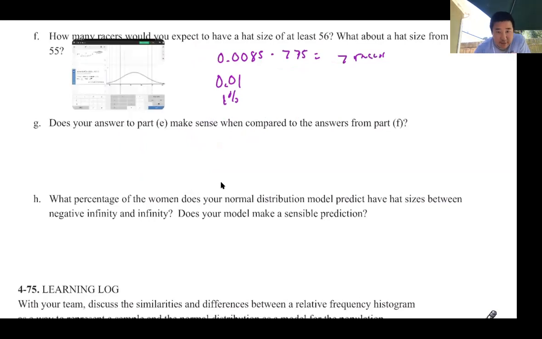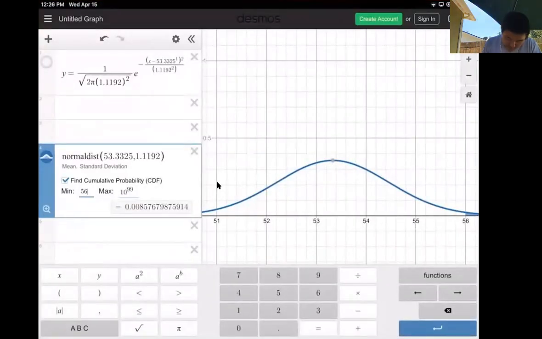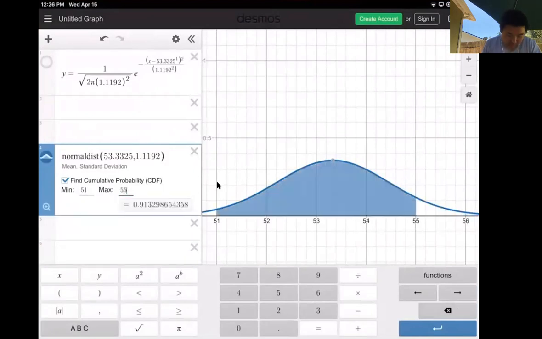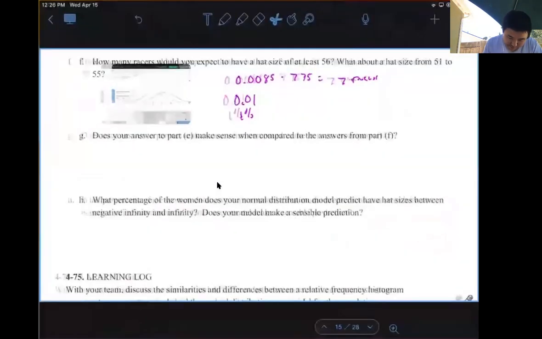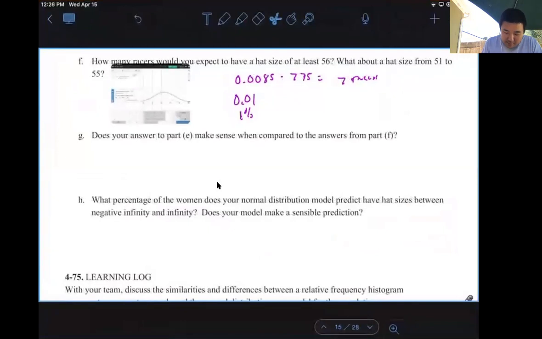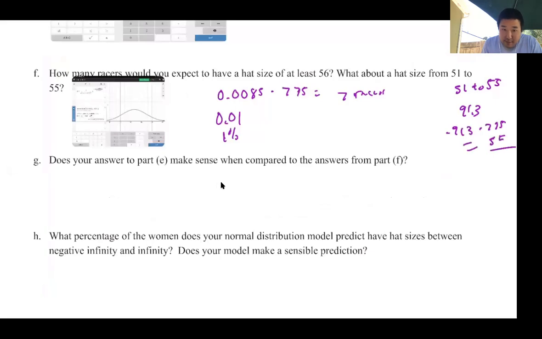What about hat size 51 to 55? That is 0.913 times 775, which equals 754. So G, does your answer in part E make sense when compared to the answer from part F?